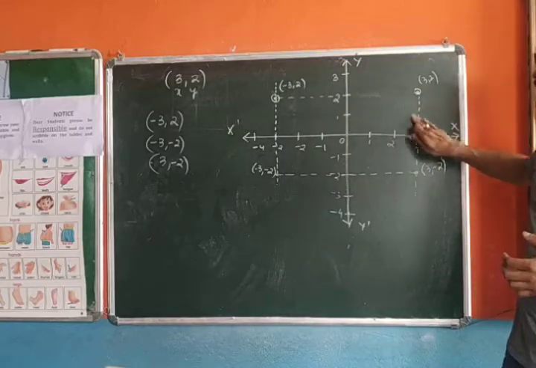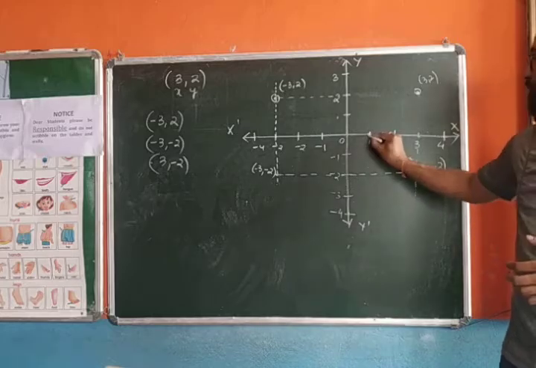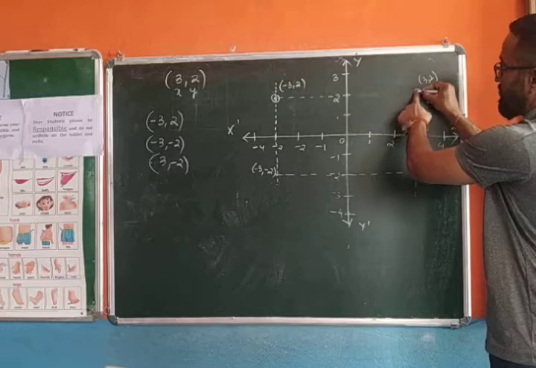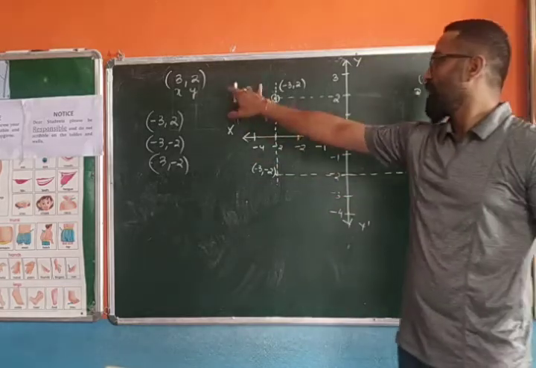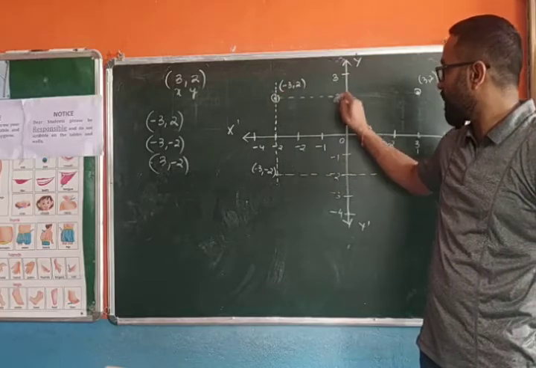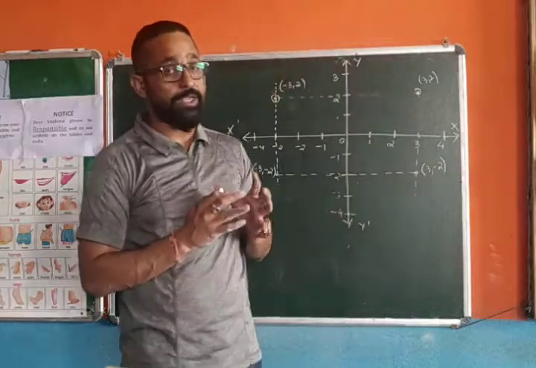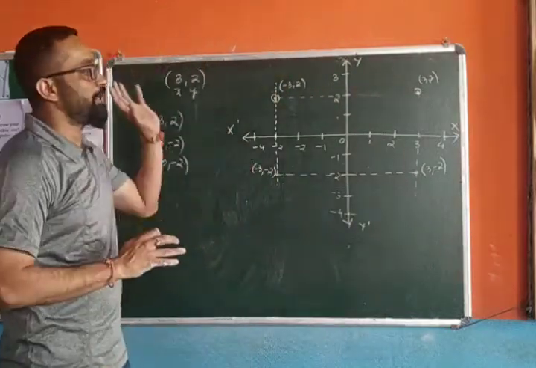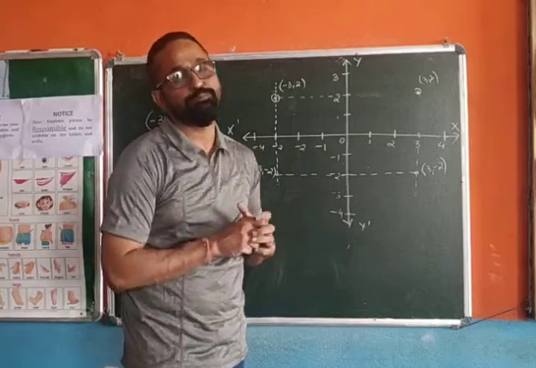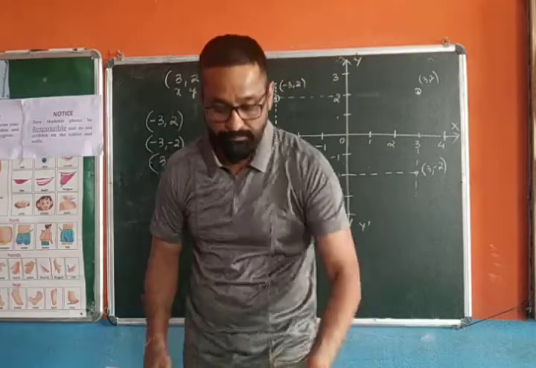You can directly plot it without drawing a broken line: 1, 2, 3, y is 1, 2. You compare with the y-axis and mark it. Similarly, -3, 2: -1, -2, -3, y is 2. Compare with the y-axis. So these are simple ways of plotting the points in the Cartesian system. Please do use graph paper and practice the plotting.